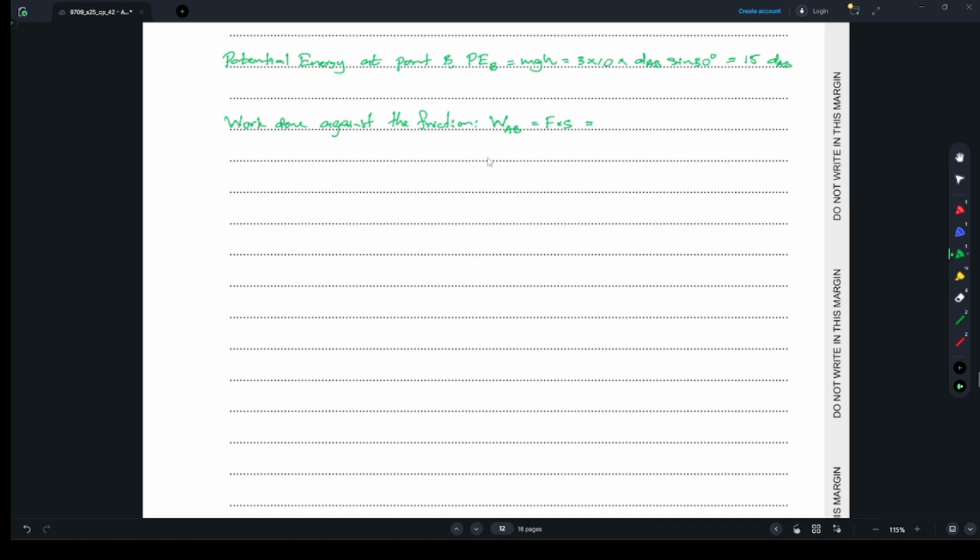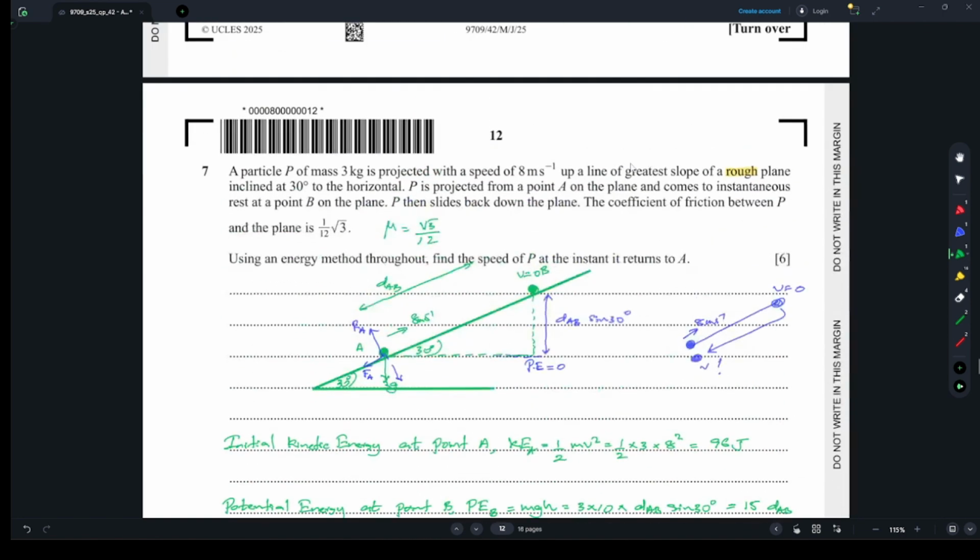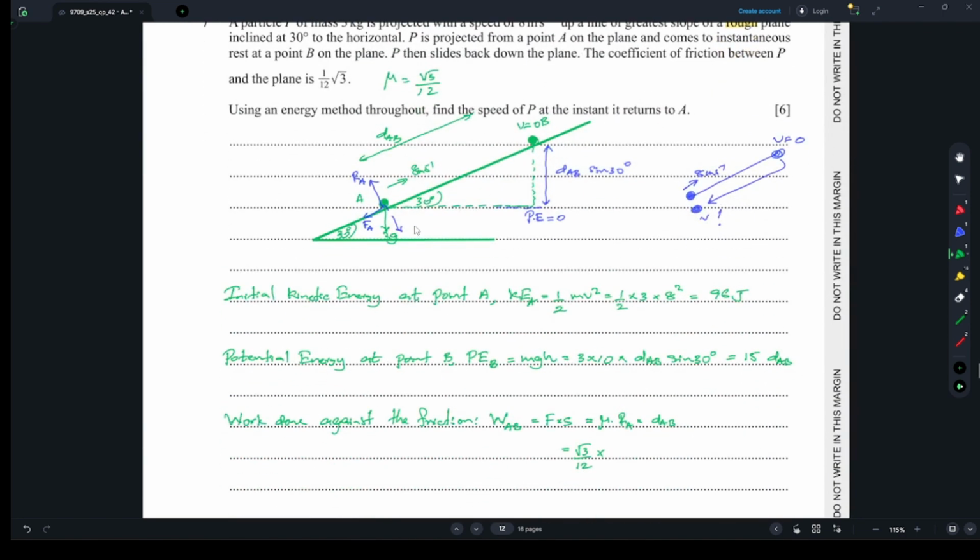So here now the friction we can write as mu R. There is friction force, mu R, and times the distance is DAB. So mu they gave us as root 3 over 12. R is the component from the weight, right? So 3G cos 30.